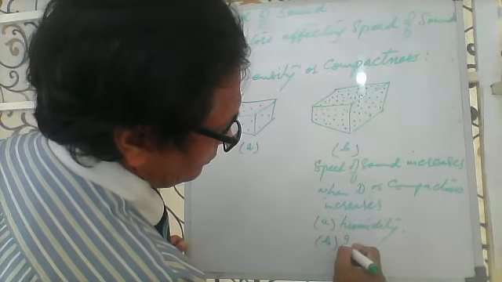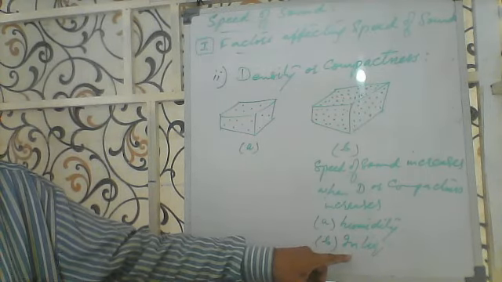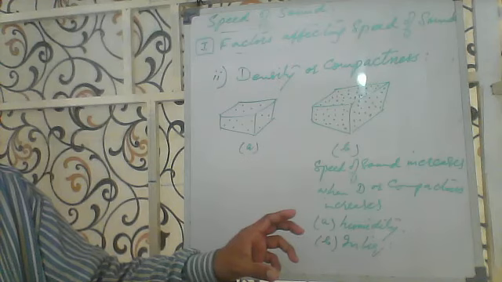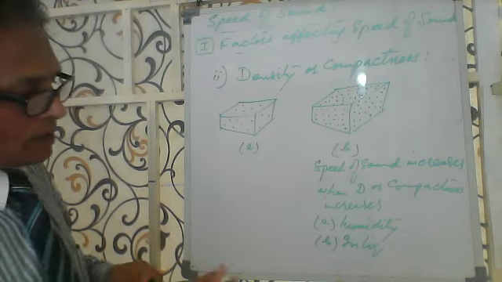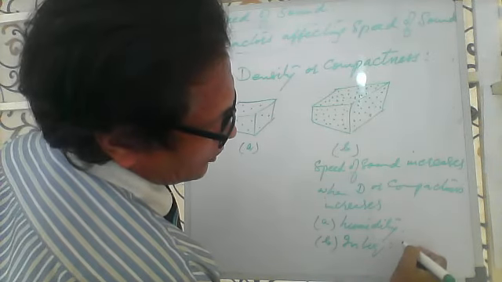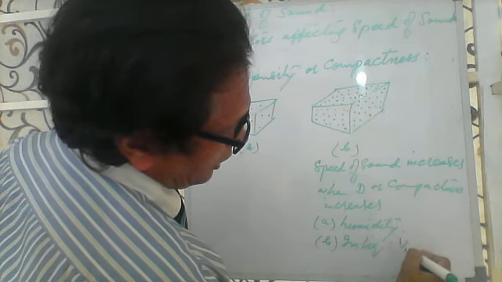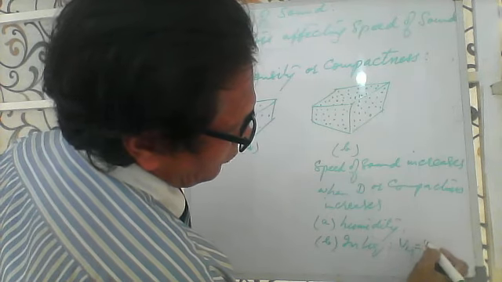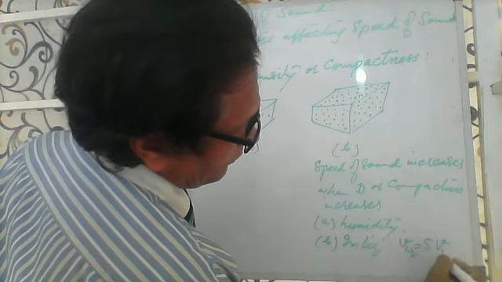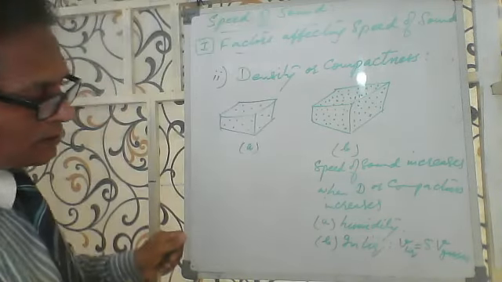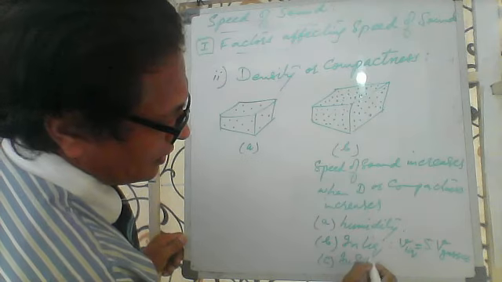Okay, next number B comes over here in compactness. Liquids. What happens in case of liquids? The speed of sound increases generally 5 times the speed of sound in air. We can say speed of sound in liquids is equal to 5 times speed of sound in gases. And what is in case of solids?